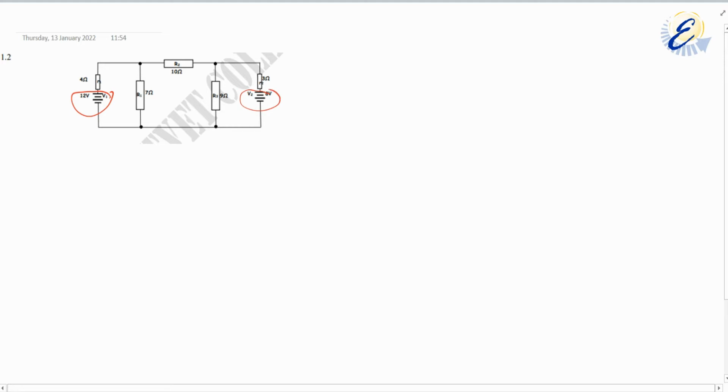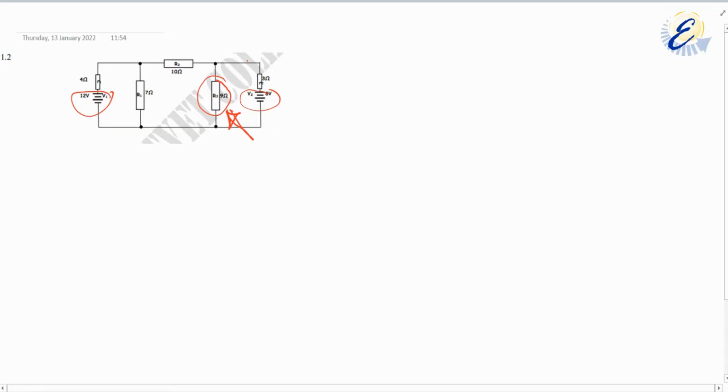The question says calculate the current through the 9 ohm resistor, provided that when this voltage source produces current, it moves in that direction, and this one moves in that particular direction.